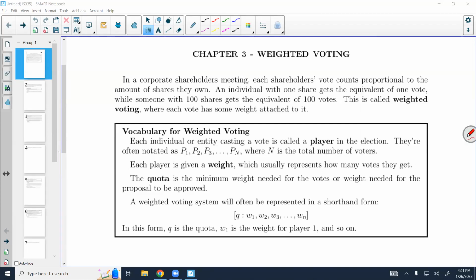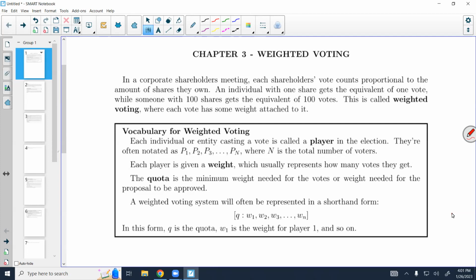So the notations we use in our vocabulary: each individual or entity casting a vote is called a player. They're often denoted as P1, P2, P3, all the way to Pn, where n is the total number of voters. Each player is given a weight, which usually represents how many votes they get.